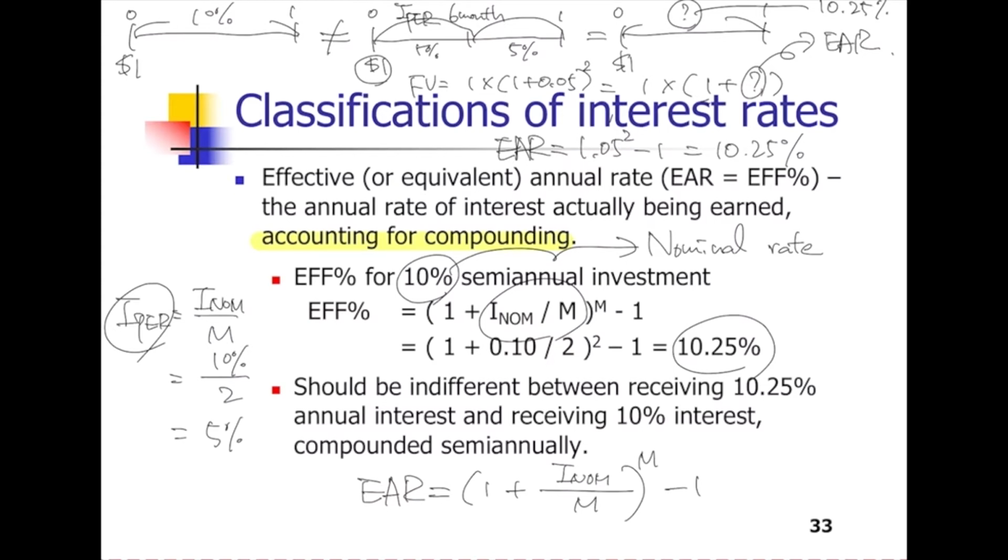As you can see, this is the same as the period rate, right? So we can write it shortly as this. So now we can interpret that receiving 10.25% annual interest is the same as receiving 10% interest compounding semi-annually.